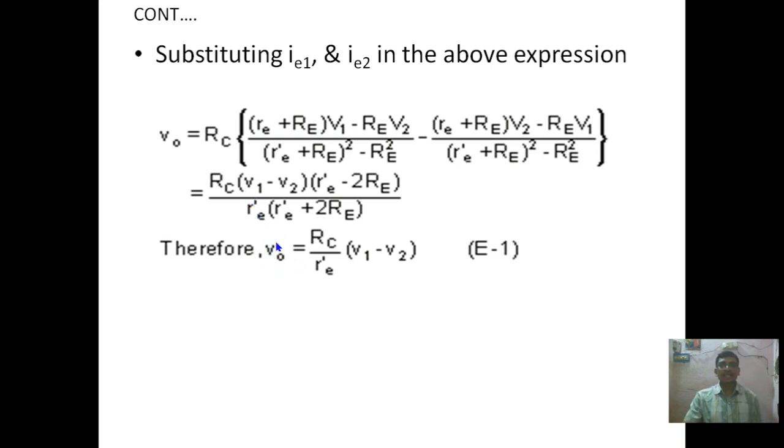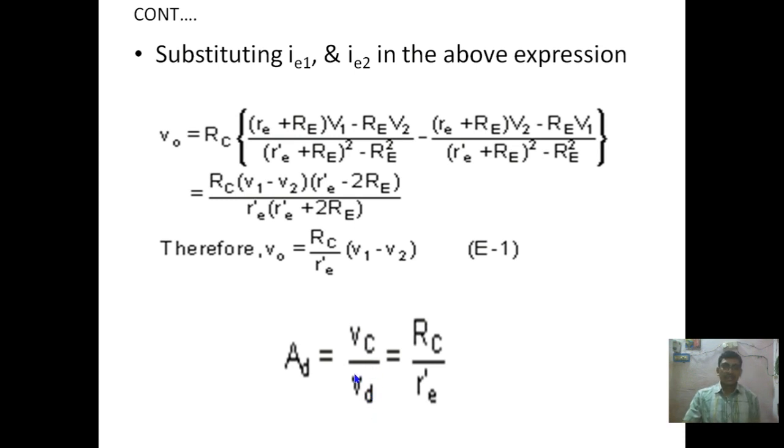Therefore, we can write V naught is equal to Rc by Re dash into V1 minus V2. V1 minus V2 is the difference between the input voltages, so that can be written as Vd. So if you take this Vd to the left hand side, we get V naught divided by Vd.